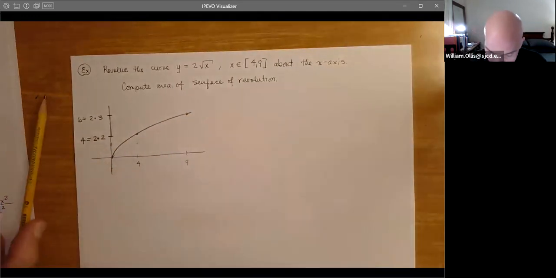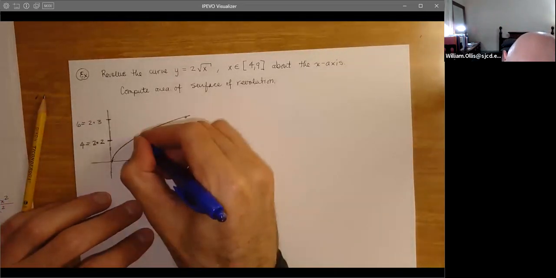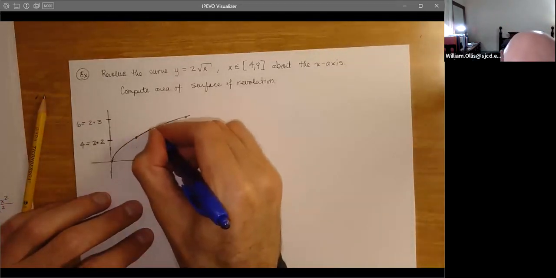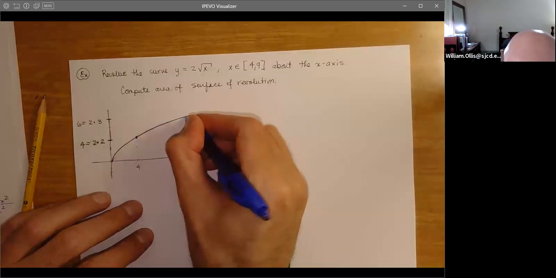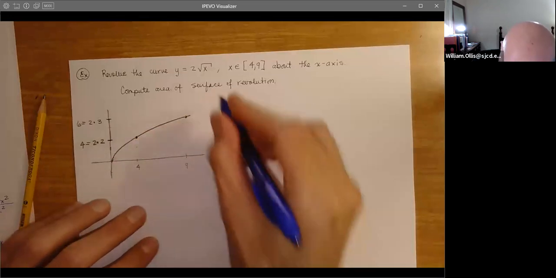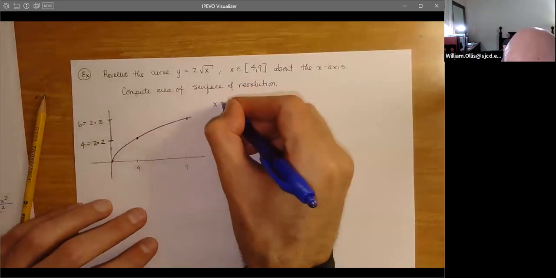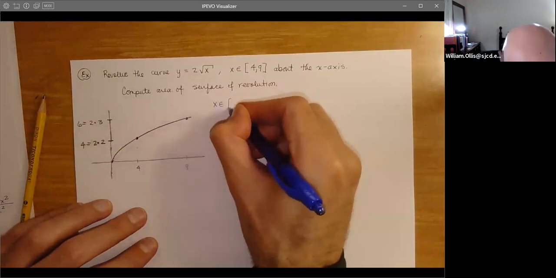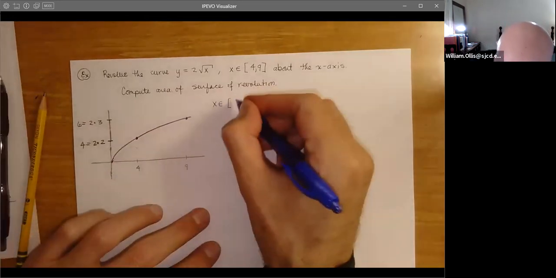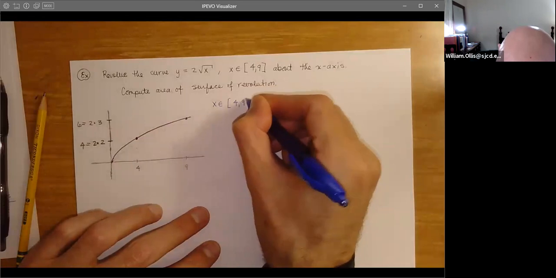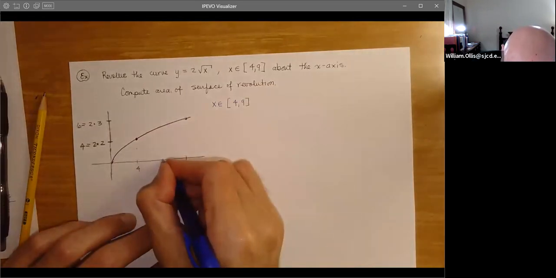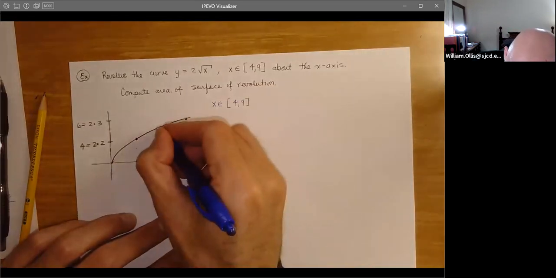So here is the, and I'll kind of outline this. This is our curve. And so now we have x lives between 4 and 9. So we can take a representative x, and then an element of arc length.